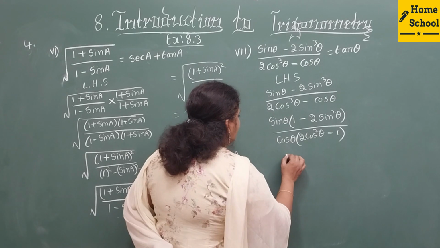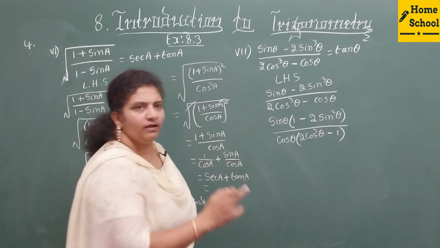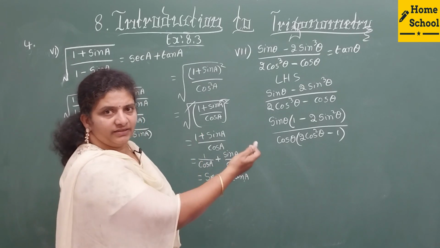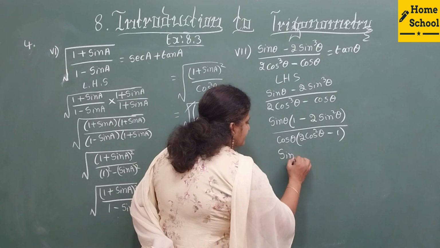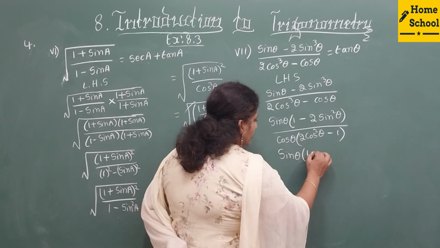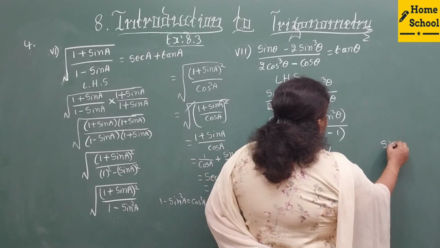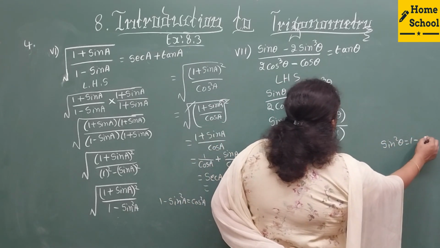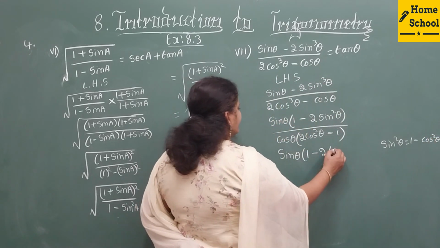Sin theta by cos theta is enough to get the answer. But what about the other terms that you have? So think carefully. Sin theta into (1 minus 2 sin square theta); instead of sin square theta I can write it as 1 minus cos square theta. Substitute here.